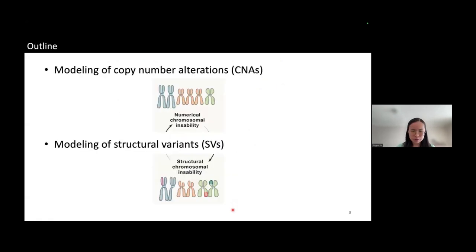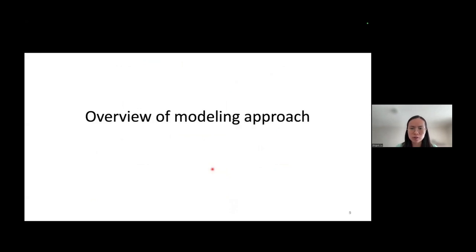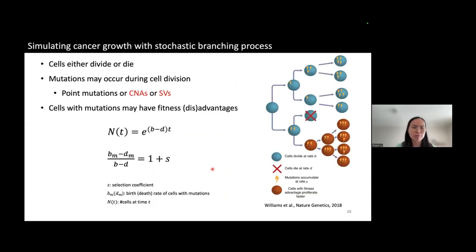In this study, I would like to introduce our approach in modeling copy number alterations and structural variants, respectively. First, I will show you our general modeling approach. As cancer cells can either divide or die, we use a stochastic branching process to simulate tumor growth.